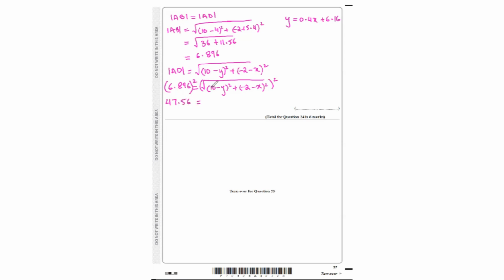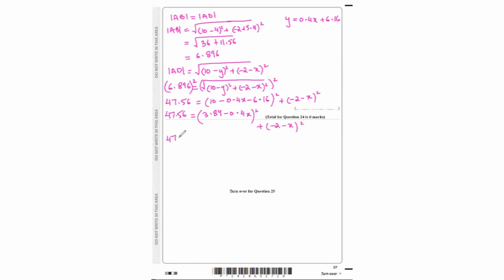47.56 equals (10 minus (0.4x plus 6.16)) squared plus (2 minus x) squared. Let's expand the bracket now. So 47.56 equals (3.84 minus 0.4x) squared, and then plus (negative 2 minus x) squared.